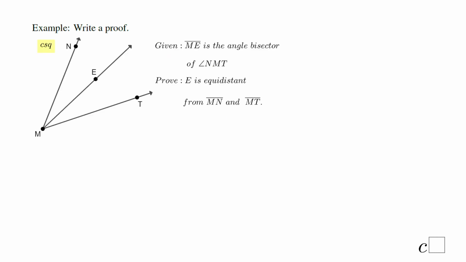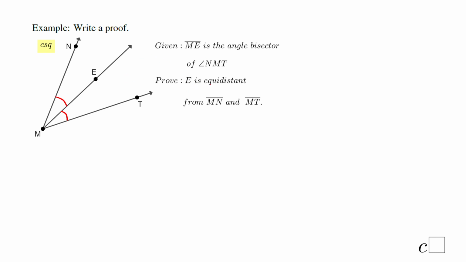Okay, and my last problem here, I'm going to write a proof about this angle bisector. That is in fact what we're going to do here. Given ME is the angle bisector, so we know these two angles are congruent of NMT.